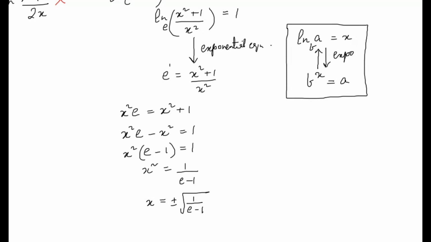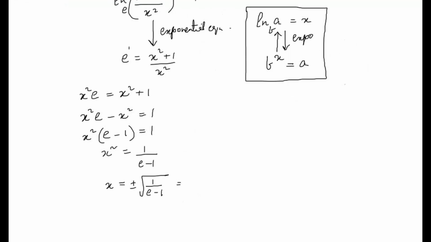Now, what we see with this is you get two solutions. I've gone ahead and calculated those values, plus minus 0.763, rounded off to three significant figures.